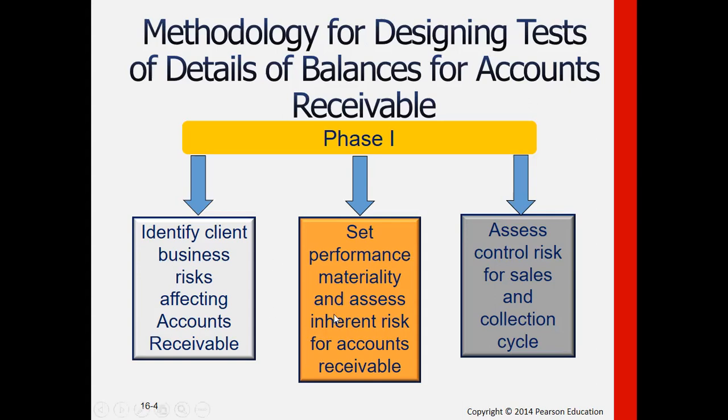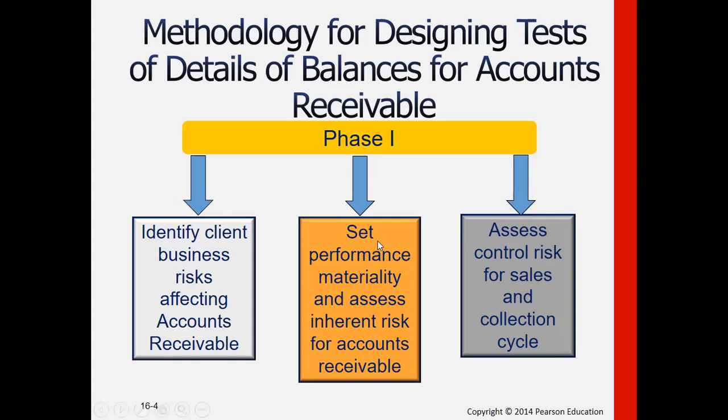Then we also have to set performance materiality, or the tolerable level of misstatement. So for example, if we set a tolerable misstatement of 100,000 pesos, then 100,000 and above would be material, and lower than that would not be material. Therefore, any values equal to that and higher would be considered material, so we have to investigate further.